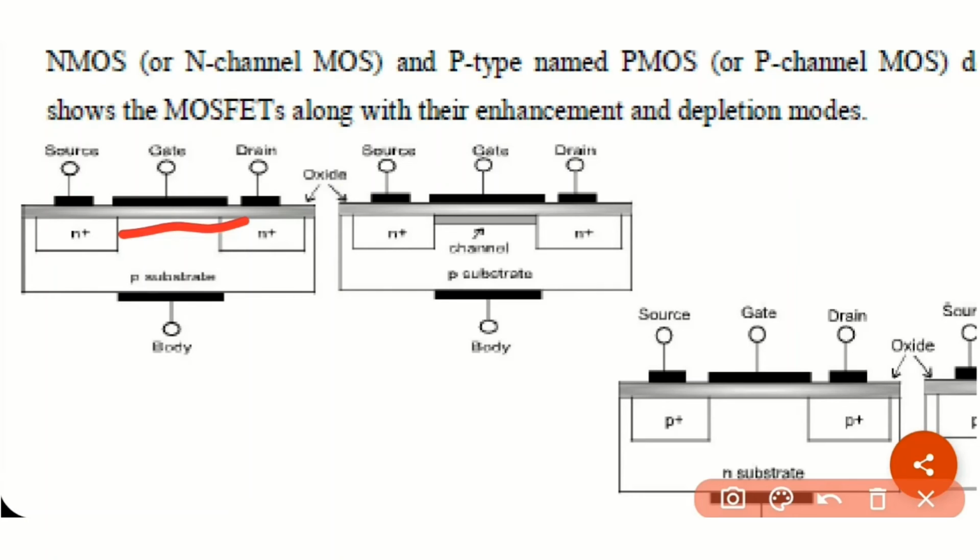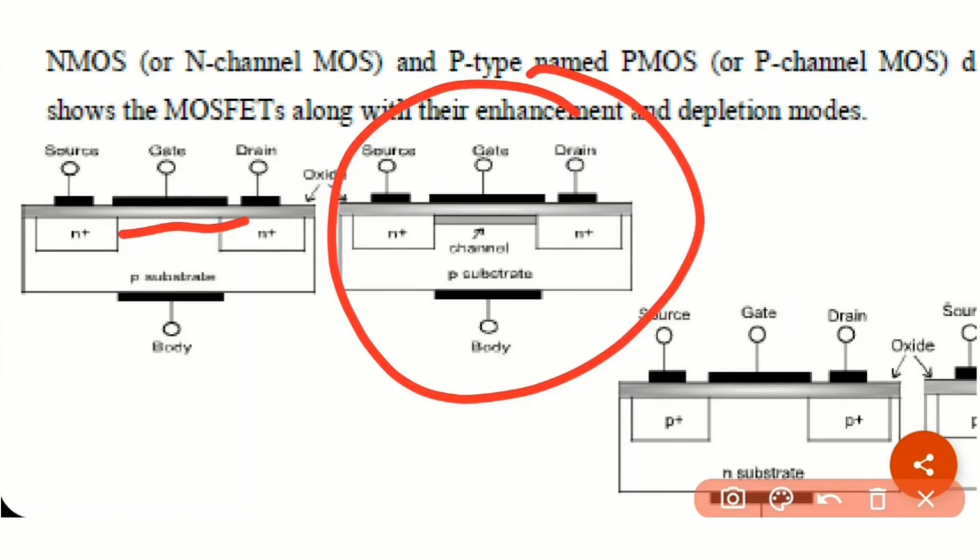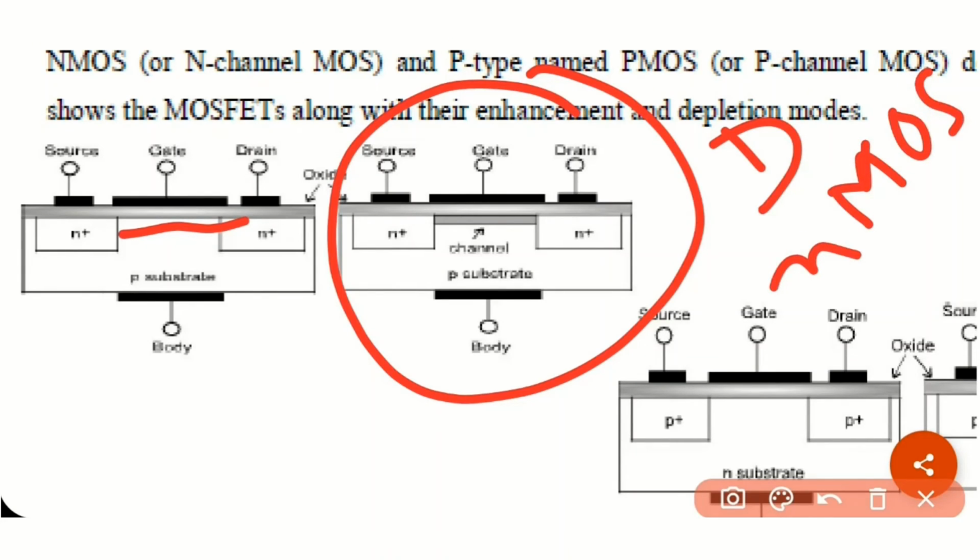Now what happens in the second one, in this NMOS depletion mode? So this is depletion mode and it is an NMOS. Clear? So what happens in this? The channel is already established, so that it is present under the condition VGS equal to 0. So already a channel is present between source and drain when your gate source voltage is 0.